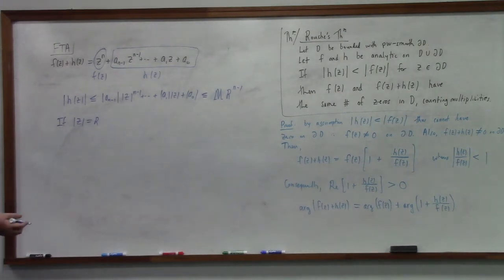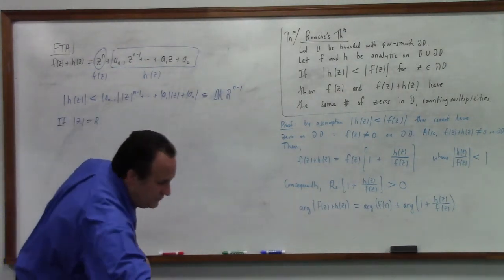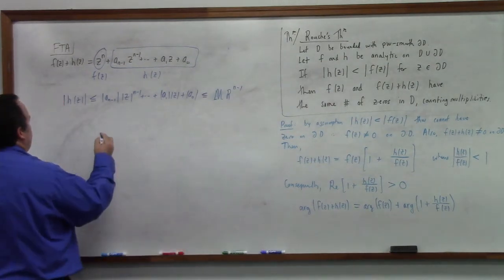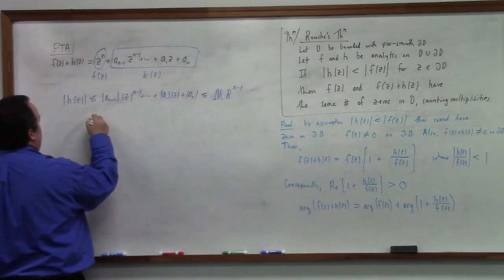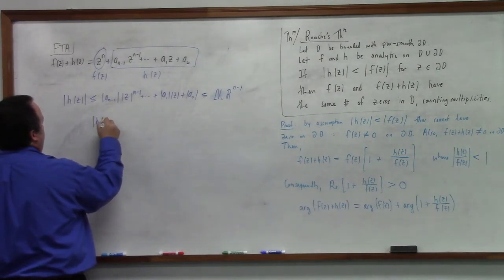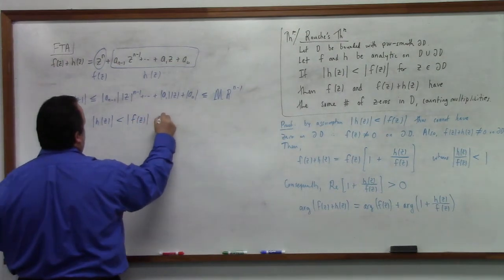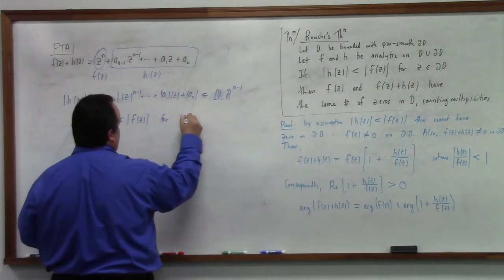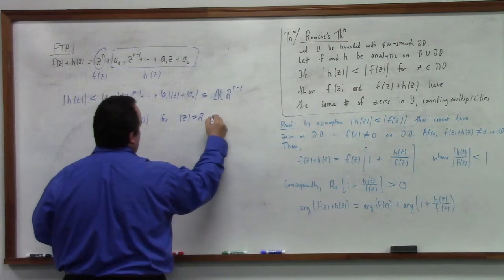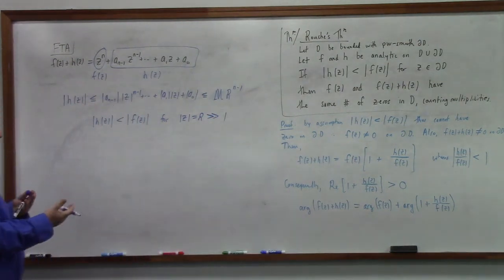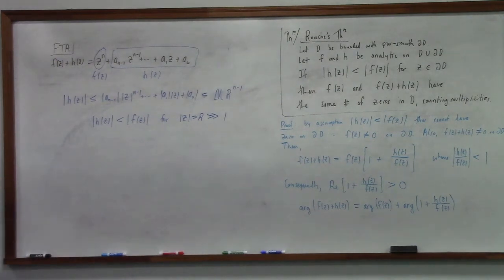But more than that, it shouldn't be too much of a stretch for you to see that surely we have that the modulus of h of z is less than the modulus of f of z if we look at a circle with r sufficiently large. I mean, if r is big enough, then clearly the z to the n term is going to beat the modulus of the other piece.